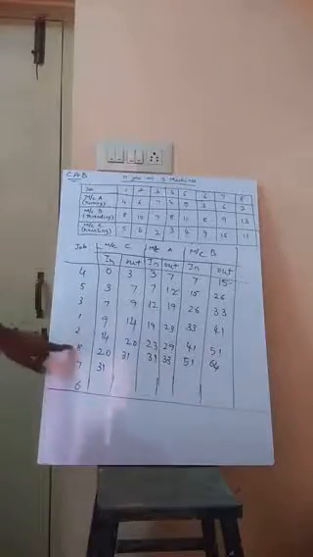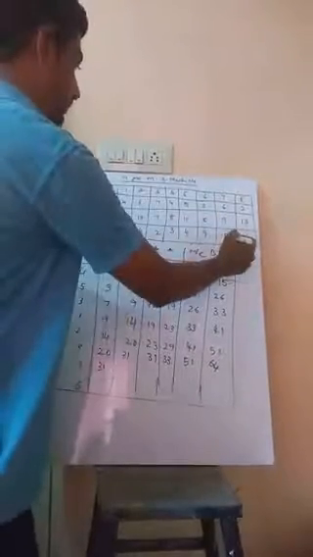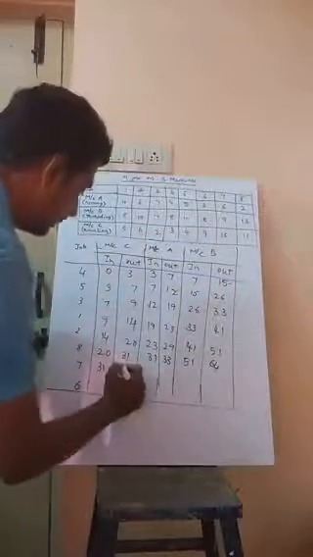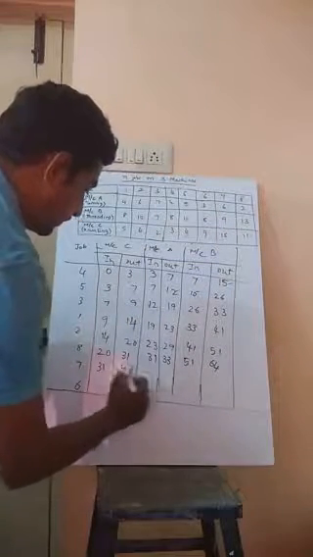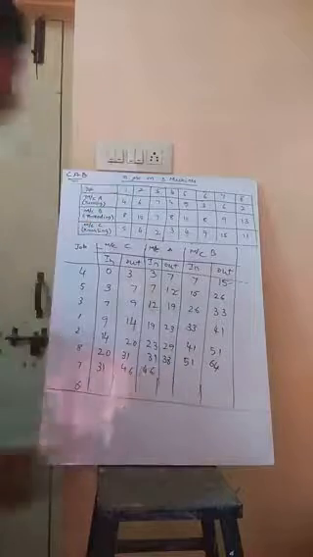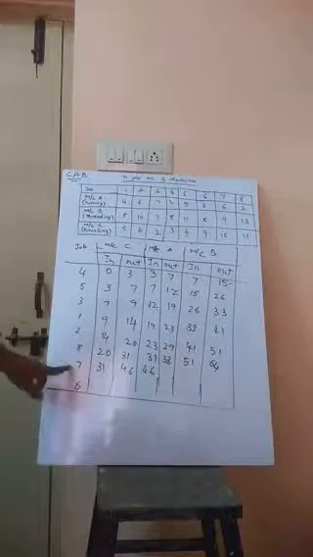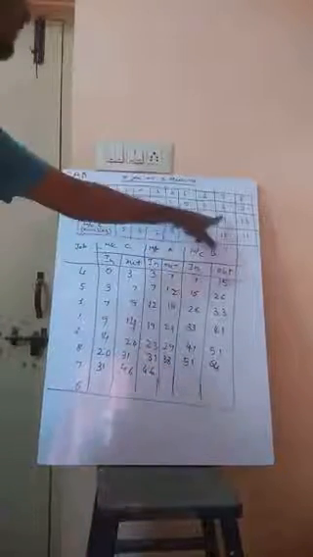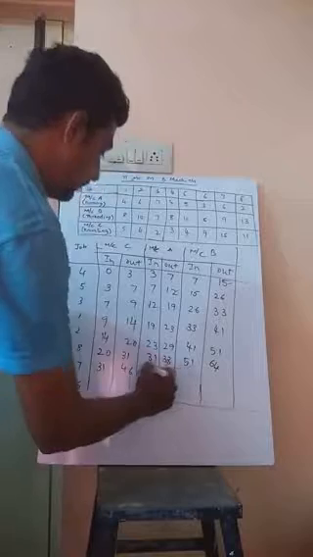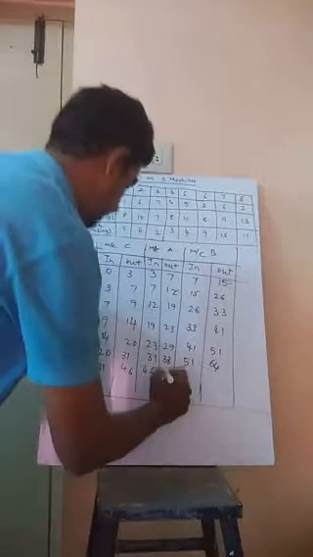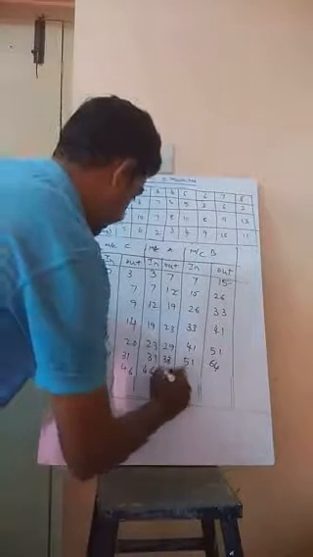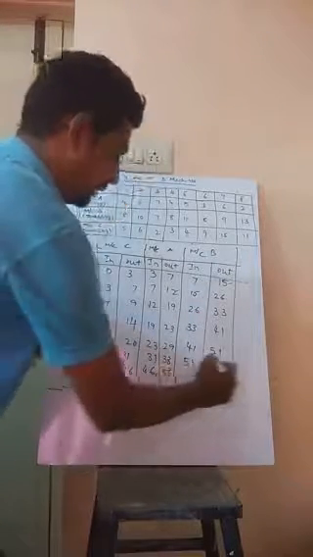Next, 31. Job 7 on machine C, 15. That is 46. Comparing these two, it is 46. Job 7 on machine A, 9. That is 46 plus 9, it is 55. Comparing this again, it is 64.